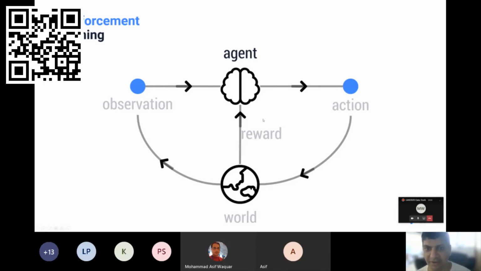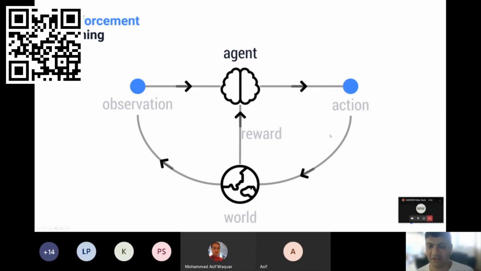If you do get a reward, the agent is going to reinforce that the decision or the action it took based on the observation was the right one, and it adjusts its parameters and goes on from there. Now, this loop keeps repeating itself, and it becomes a continuous process.